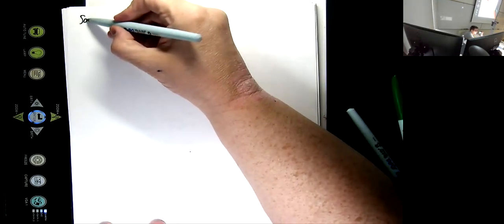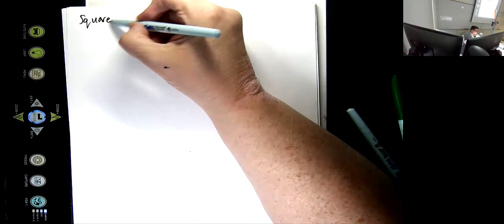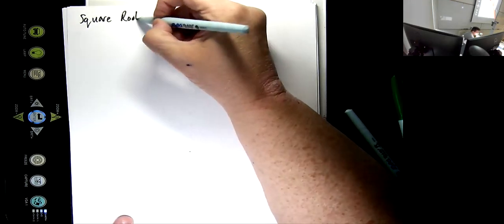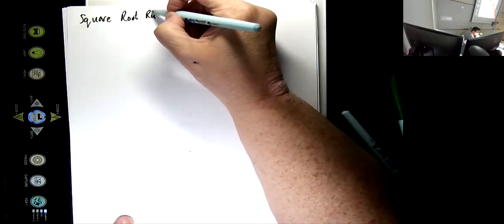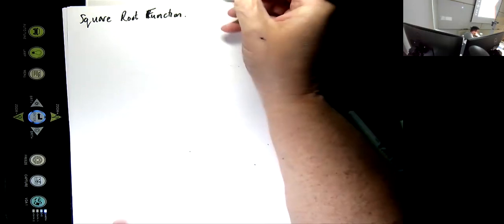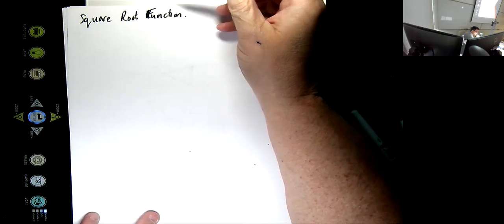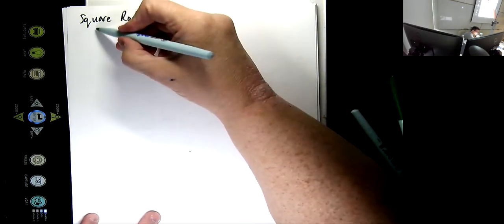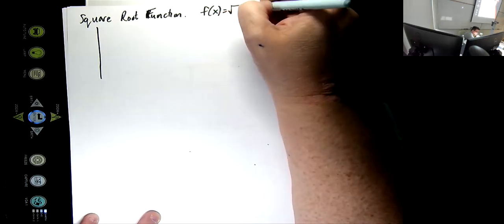So we did the squaring function, here we're gonna do the square root function. F of x equals square root of x.